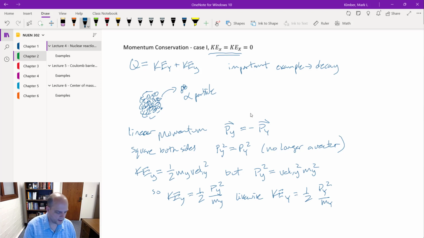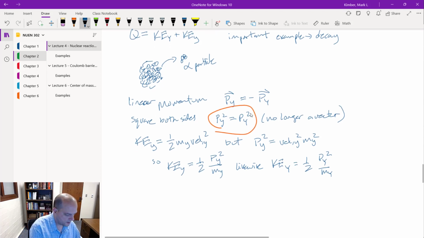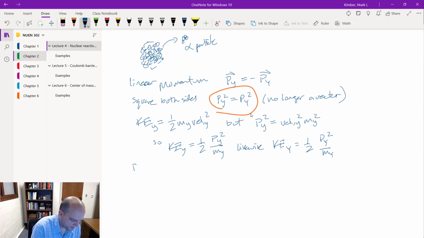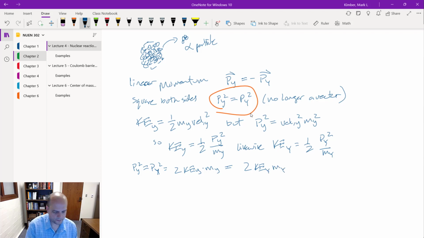And so taking this expression here, saying that the square of my momentum has to equal the square of the momentum of the other, then I can come up with this relationship, where since the squares of my momentums are equal, 2 times the kinetic energy times the mass of one has to be equal to 2 times the kinetic energy times the mass of the other one.